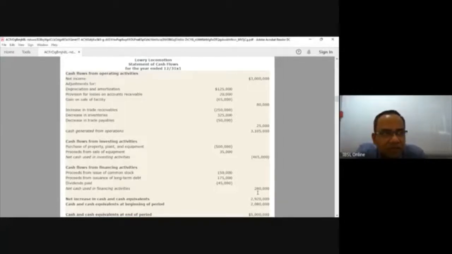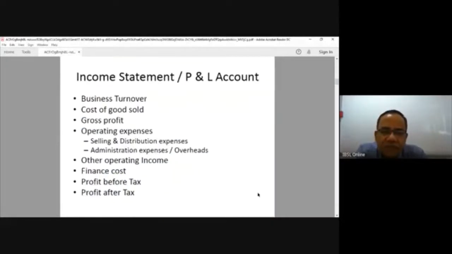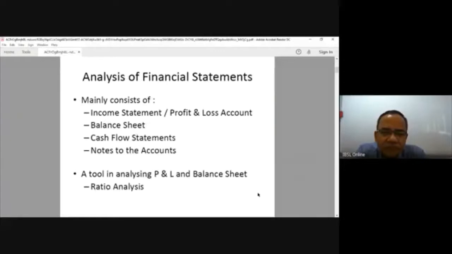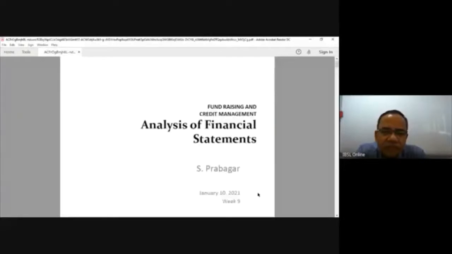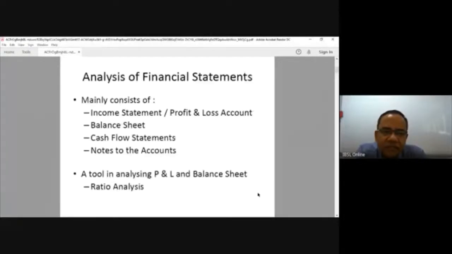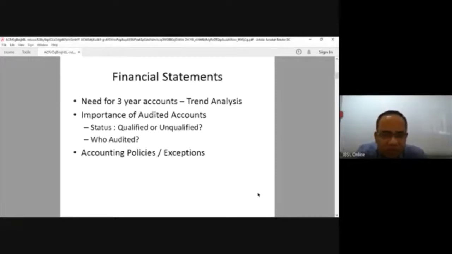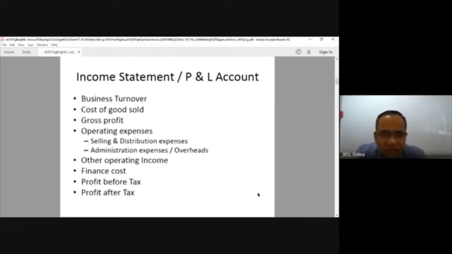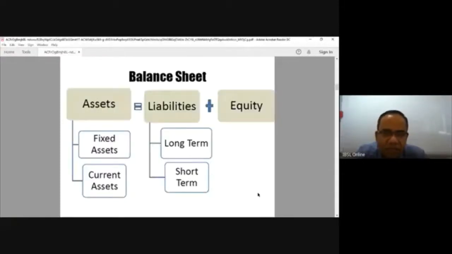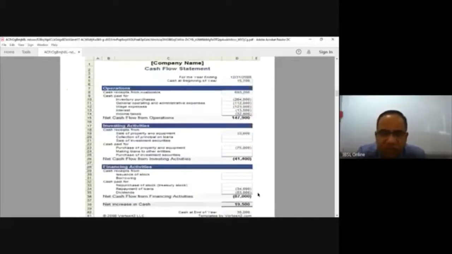The basis of your 40-mark question is all of what we have looked at now. You should understand the income statement, balance sheet and cash flow statement: what the components of your income statement are, what you understand from your balance sheet, and what you understand from your cash flow statement.